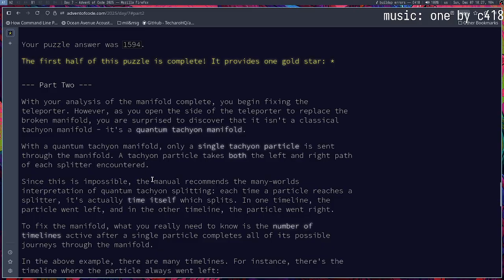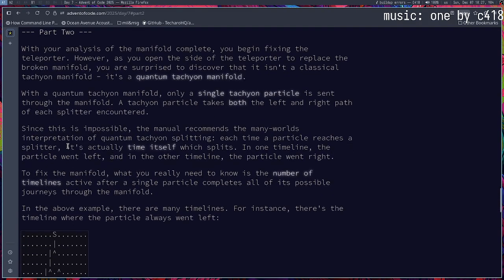A tachyon particle takes both the left and right path of each splitter encountered. Since this is impossible, the manual recommends the many worlds interpretation of quantum tachyon splitting. Each time a particle reaches a splitter, it's actually time itself which splits. In one timeline, the particle went left, and in the other timeline, the particle went right.